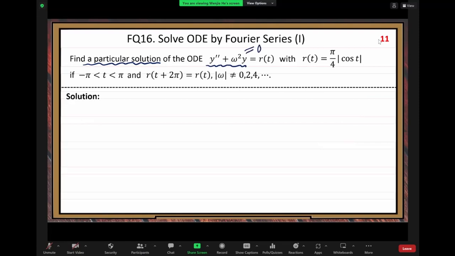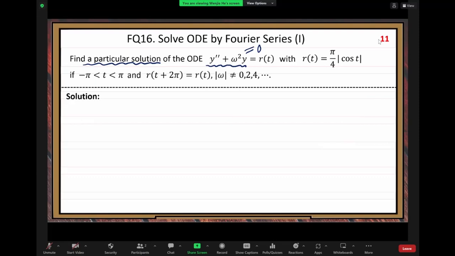Okay? We just add that part. Yeah. So most of the work we need to do is on the particular solution. So for this question, let us only do that particular solution. Yeah. All right.